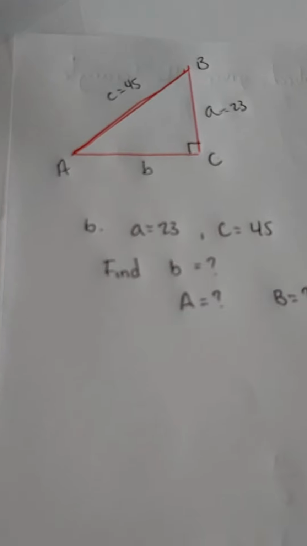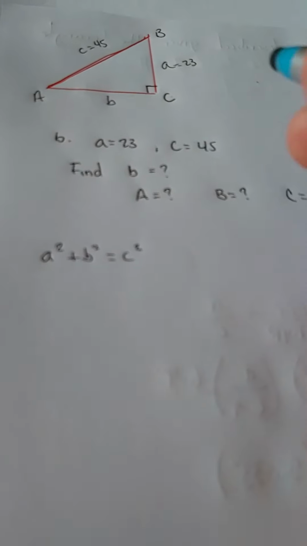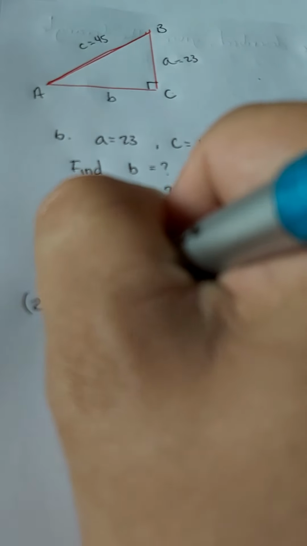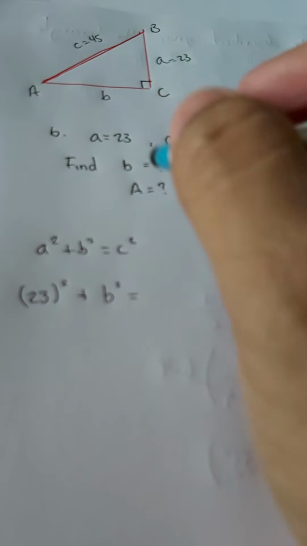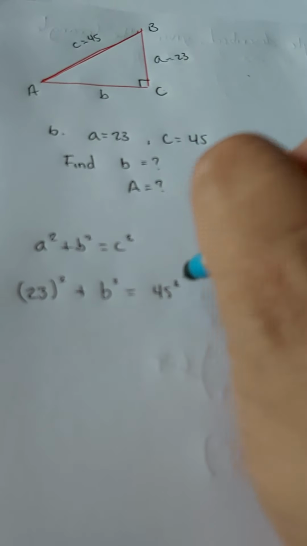So if we use the Pythagorean theorem, it will be a squared plus b squared equals c squared, right? So we know that a equals 23 squared plus b squared, we don't know b, equals c, 45 squared.